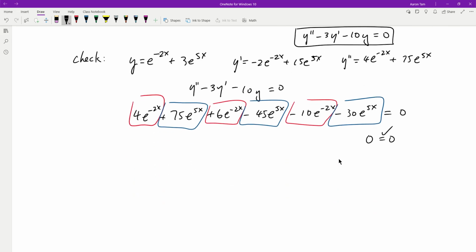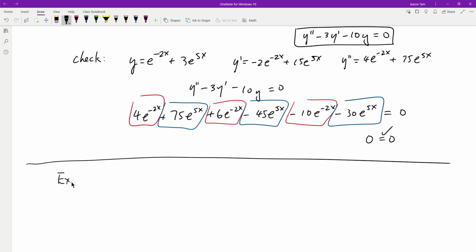Now, let me give you another example to try out. Okay, and how about this one?